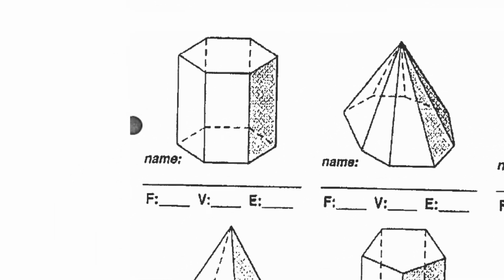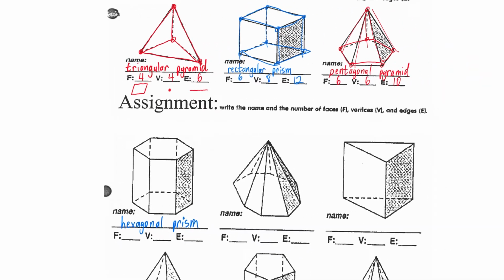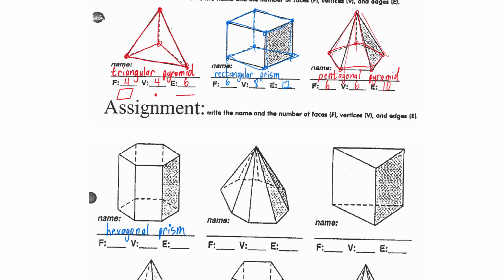All right. What is this? That's a hexagonal prism. Yep, this is a hexagonal prism. Okay, again, the way you can tell the difference between these two, like for instance, back to this pentagon up here.